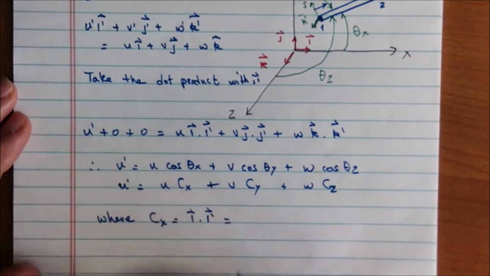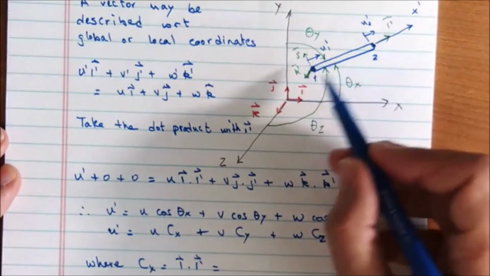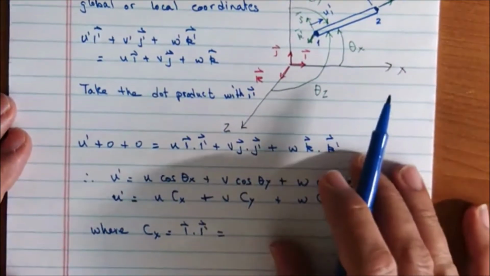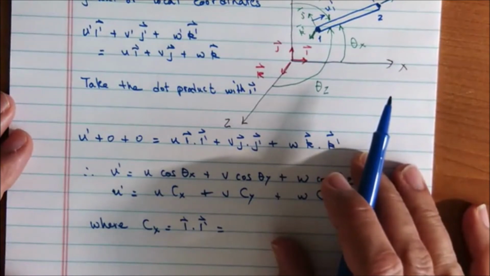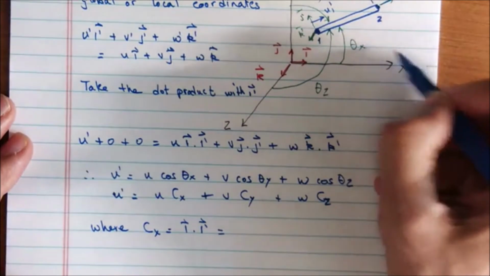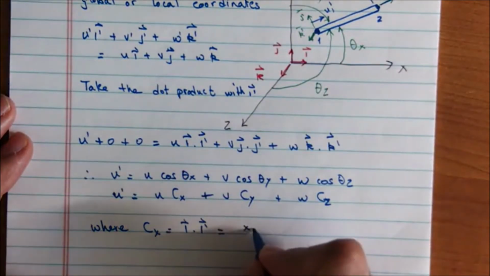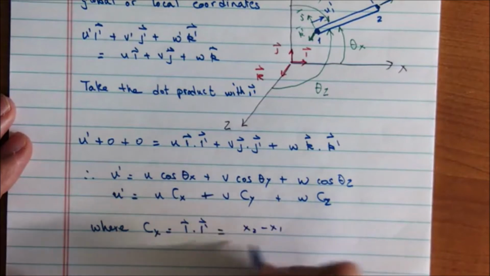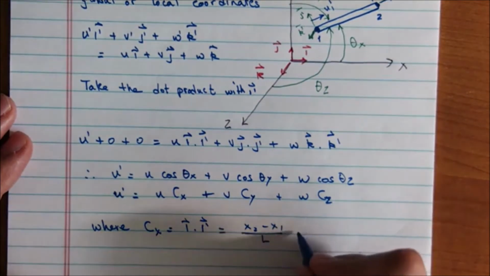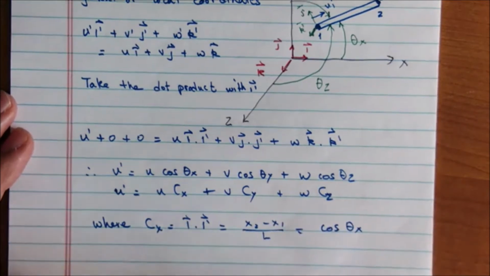If I know the ordinates of point 2 and point 1, and I'm looking for the vector oriented along the x prime axis, or comparing the x prime axis to the xyz, this is equal to x2 minus x1 divided by L, which is equal to cosine theta x.